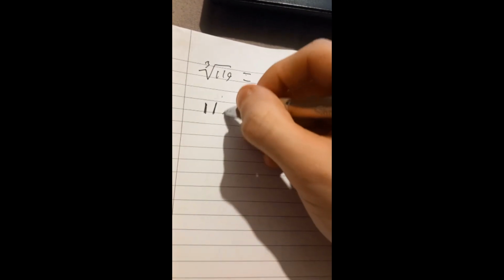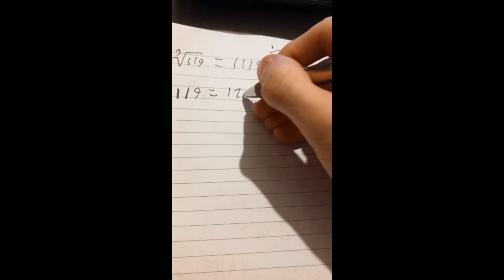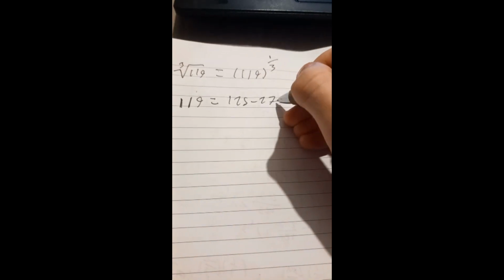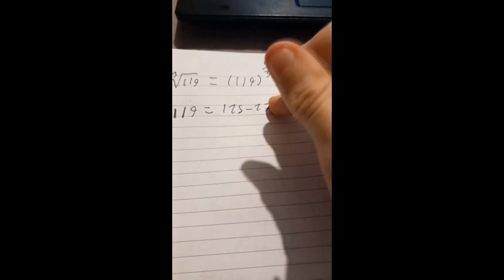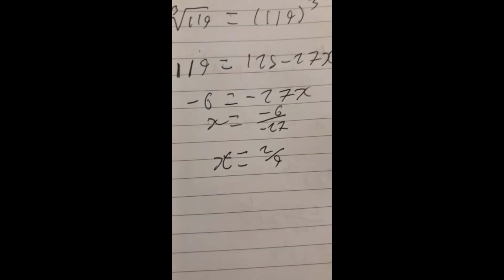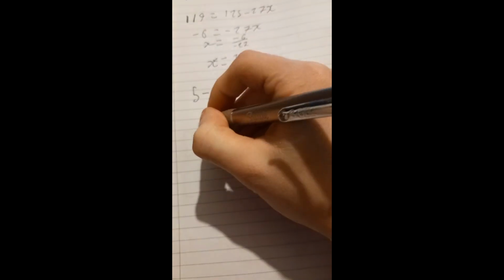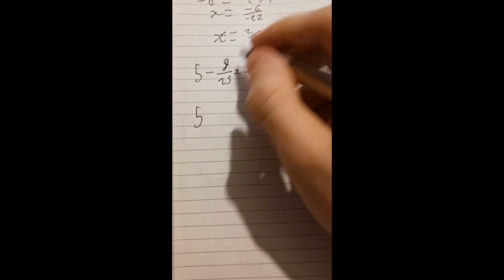So, with that knowledge, because we already did the expansion in the last part of the question, we can do that equals 125 minus 27x, and then we're going to solve for x. So I'm just going to do that rapid. Bish bash bosh, x is 2/9. So now I can sub 2/9 into the expansion from the last one, which was that. So we just sub in that everywhere we see an x.